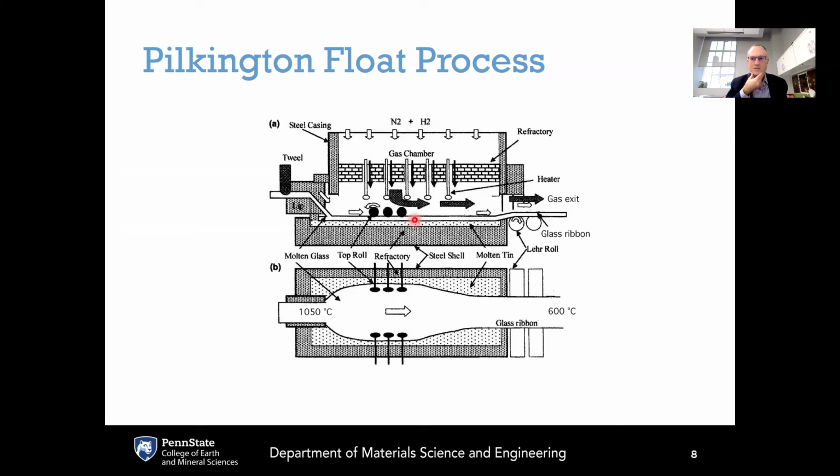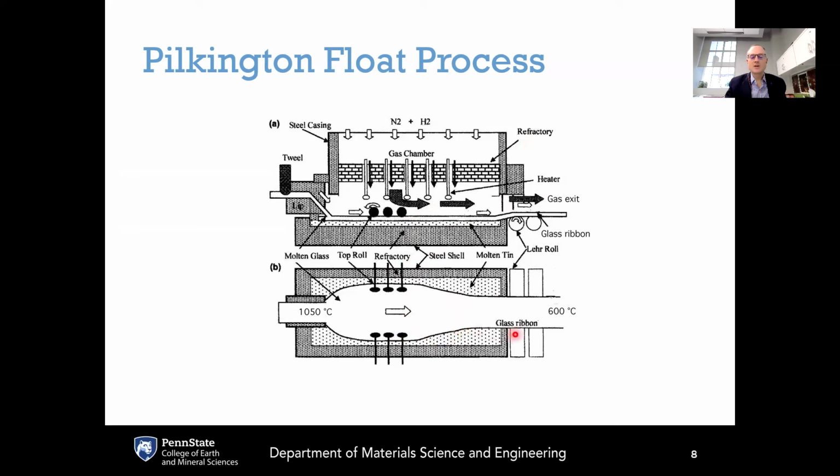And this is the process by which all architectural glass is made now too. So if you look at architectural glass under UV, you can see that one side is going to glow a little bit, fluoresce a little bit due to the presence of tin on one side. This process is a very economical way to make very large sheets of glass.